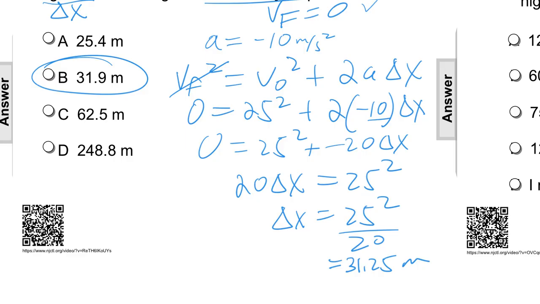The further distance it falls or rises, the more inaccurate it will be. So in labs, we'll probably want to use negative 10, but if we're outside shooting it really high, we use negative 9.81 for the A instead of negative 10. Okay, so let's go on.